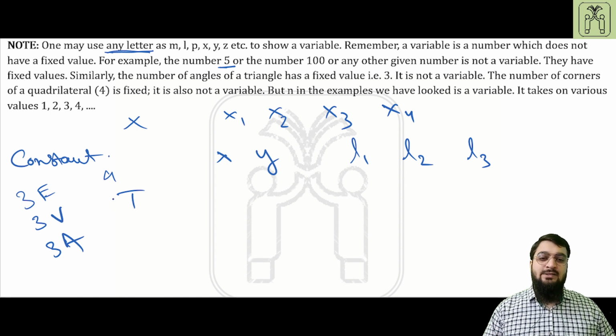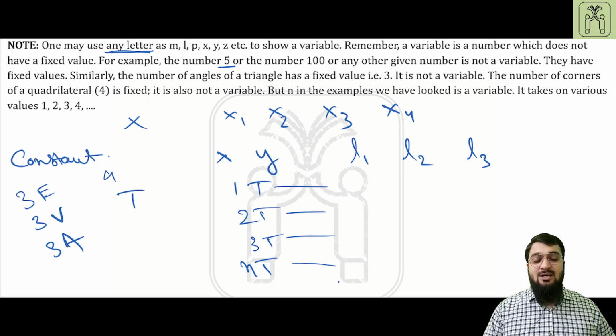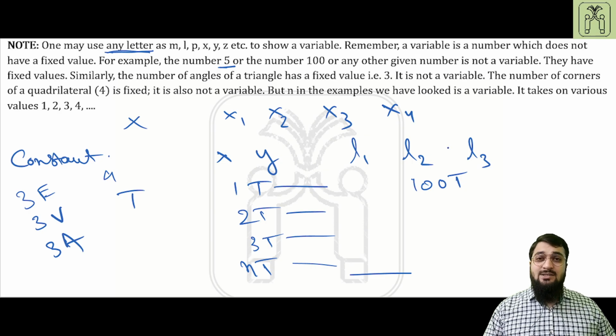But n in the examples we have looked at is a variable, because when we say that one triangle is formed with this much matchstick, two triangles with this much, three triangles with this much, then we get to a formula for n triangles. After that, if I say that I have to find the answer for 100 triangles joined together at corresponding vertices adjacent to each other, then you can just use the formula that the nth triangle is equal to 3n.